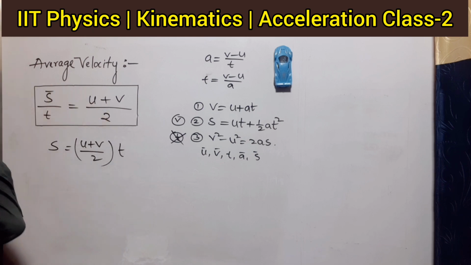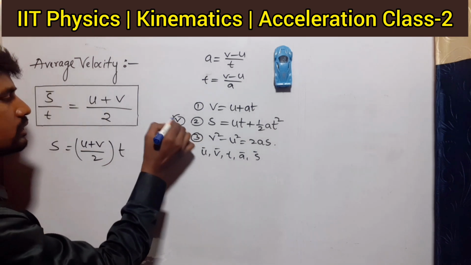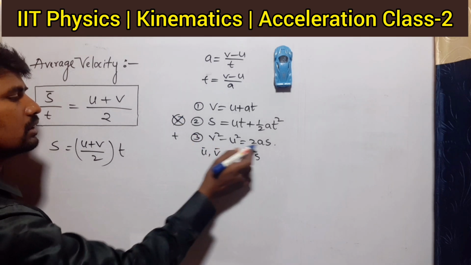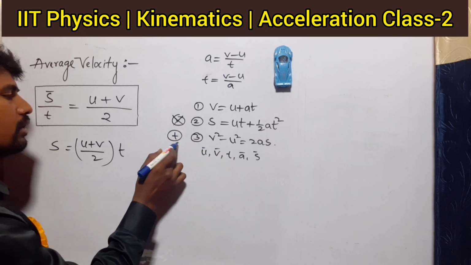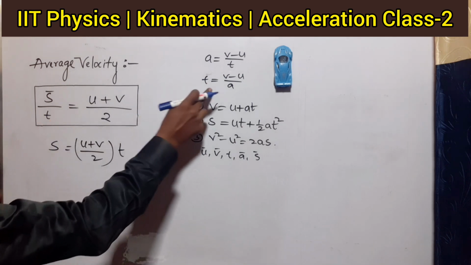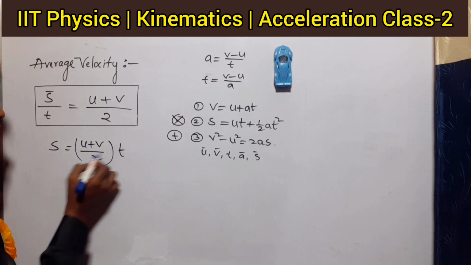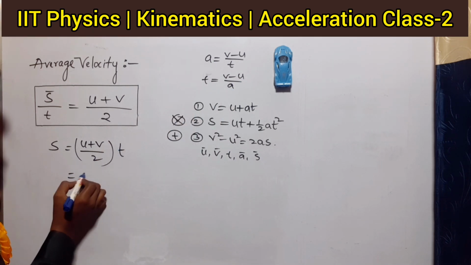Children, see here, what I told you: in the third equation, t is not there. So we have to substitute the t value. What is t in terms of other variables? t is equal to v minus u by a. So substitute here.